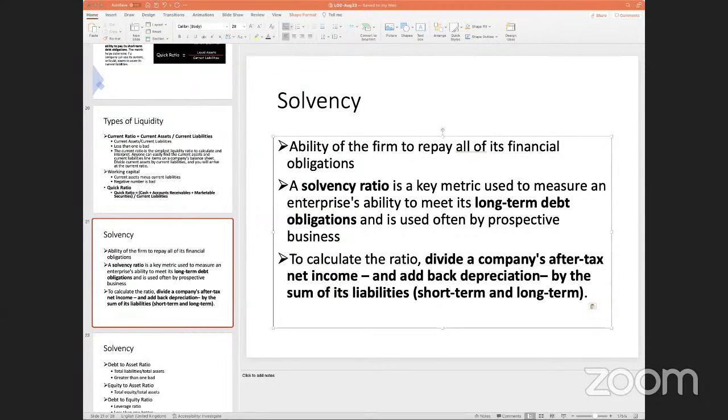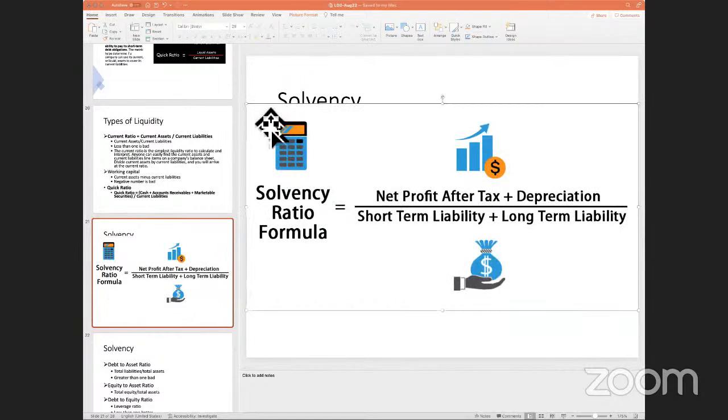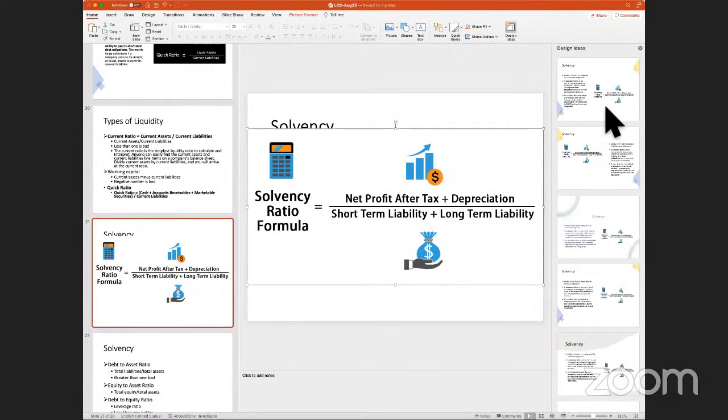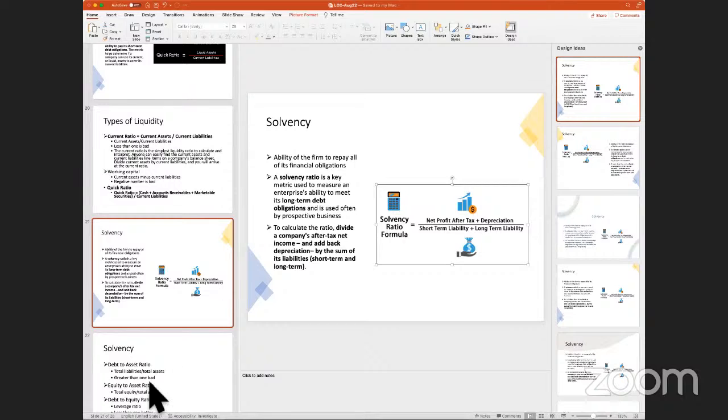And that would be the formula that we will use to calculate the solvency ratio for the company.